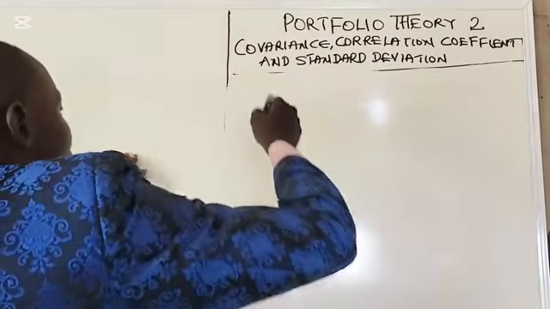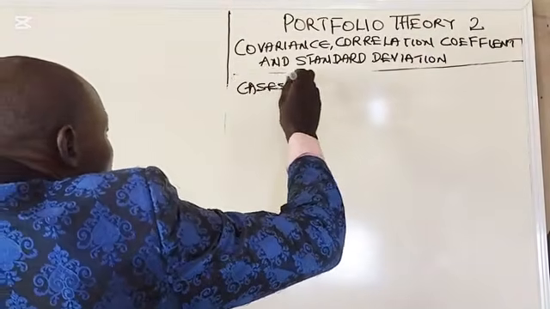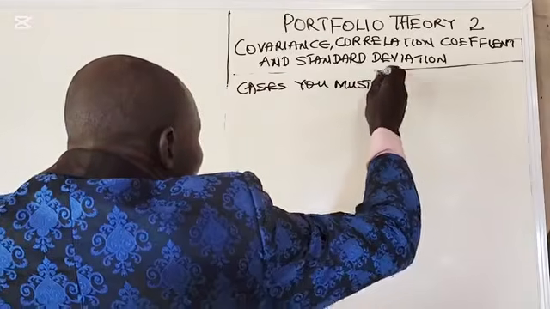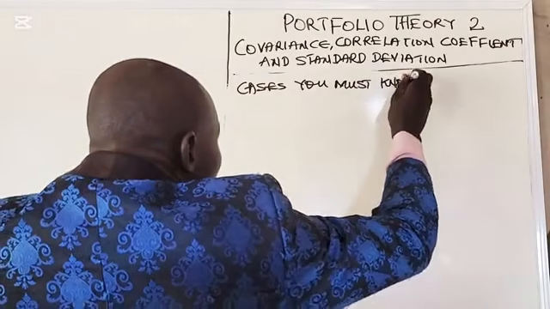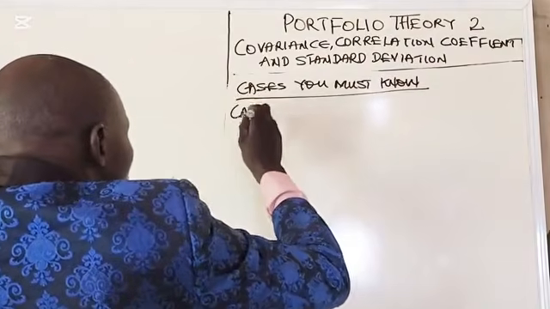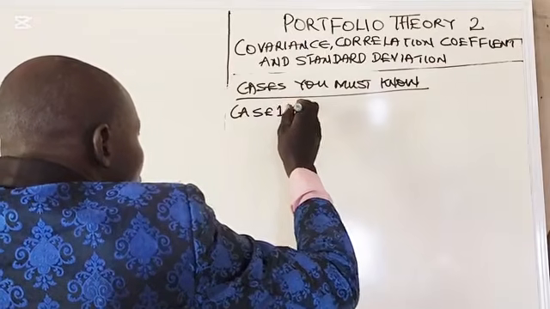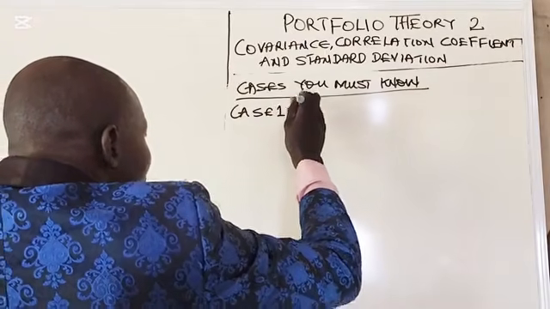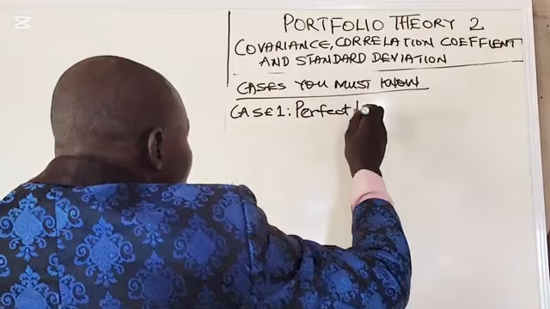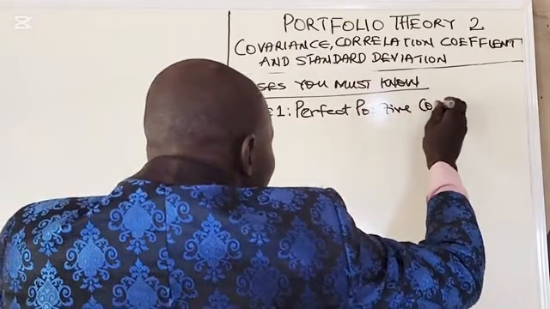There are a number of cases which you must know. We have case 1, which is perfect positive correlation.